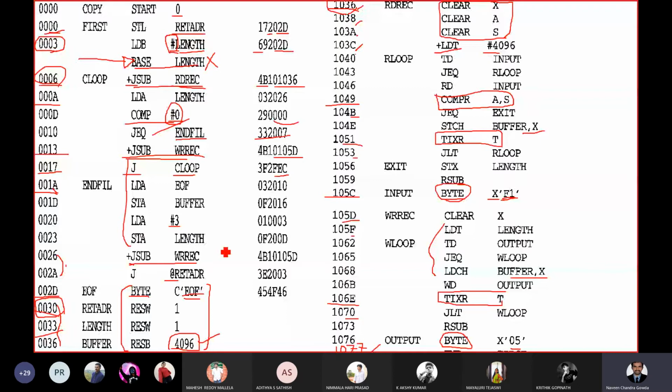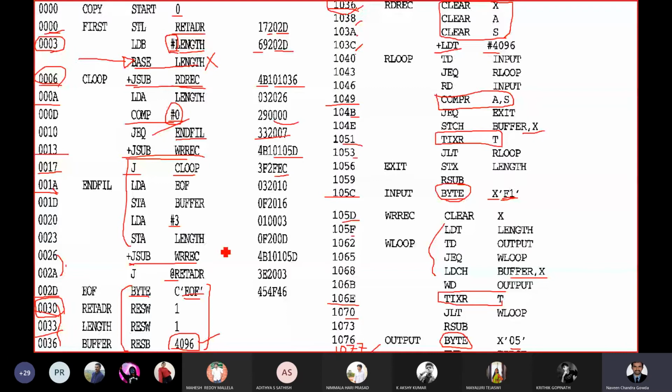Throughout this complete program, you can observe that for the hash instructions we will be setting n as 0 and i as 1. How many hash instructions do you have in this program? You can see hash length, hash 0, hash 3, and again hash 4096.